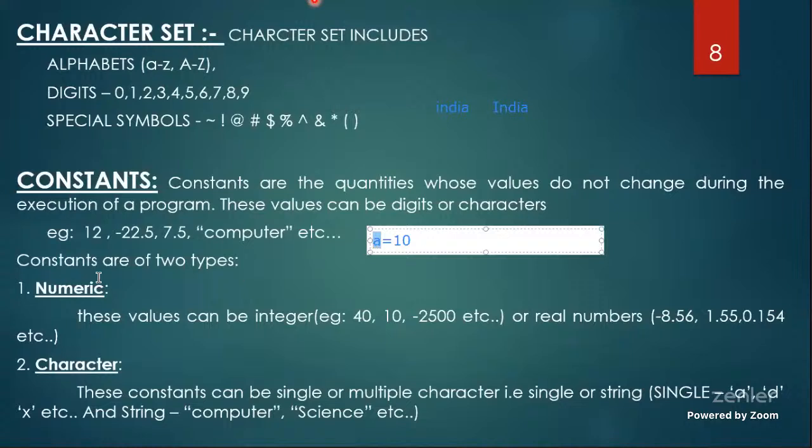Got it? So constants are of two types. What are those? This is very important here. We have two types of constant. First one is numeric and second one is character. Let us understand what numeric is.